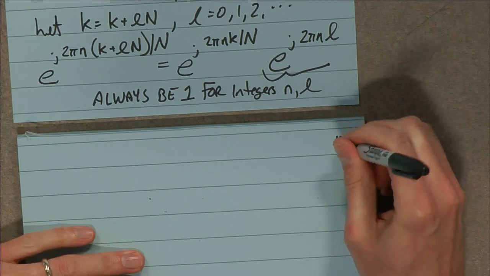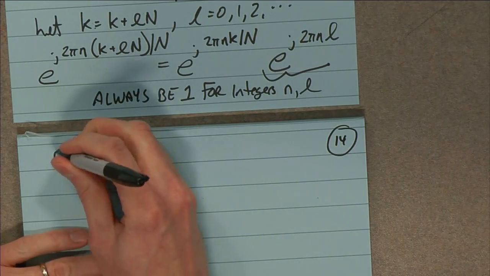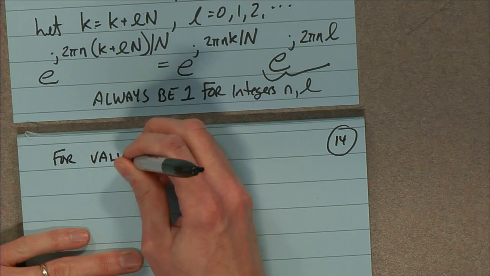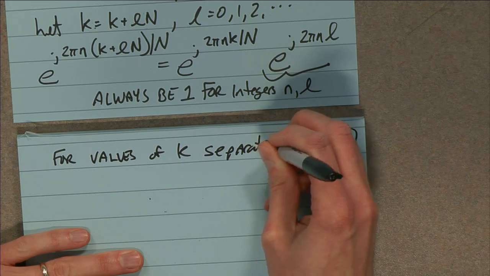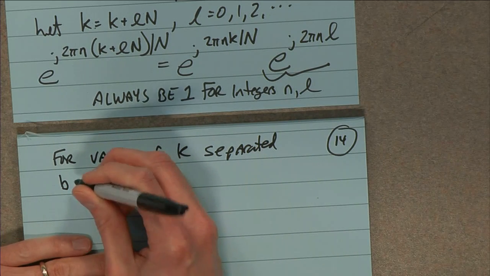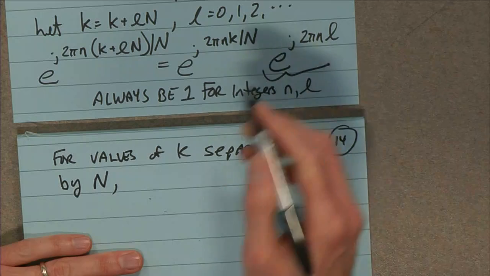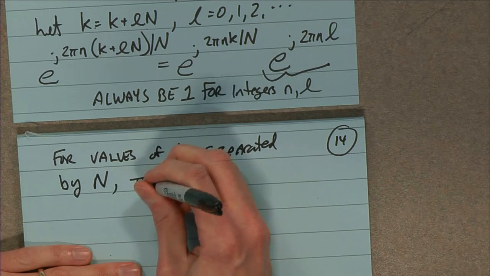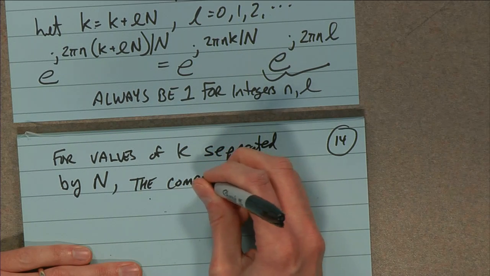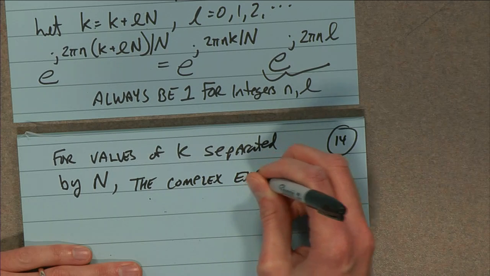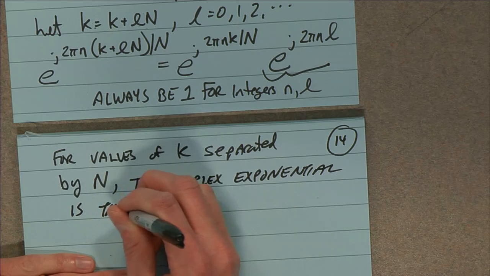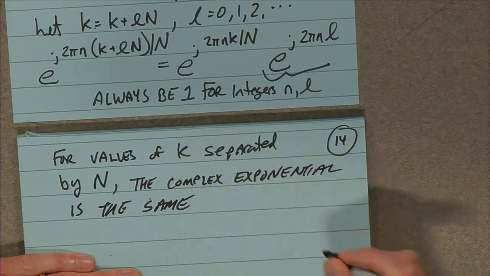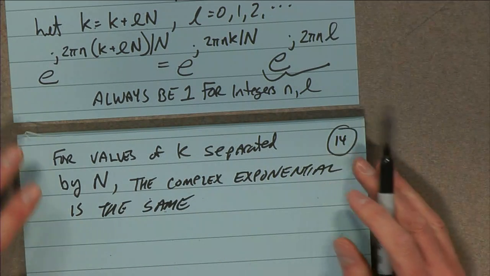So our bottom line here is that for values of k separated by N, that complex exponential is the same. So this kernel wraps back around.